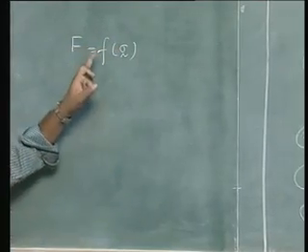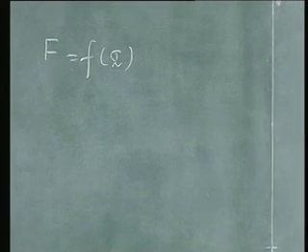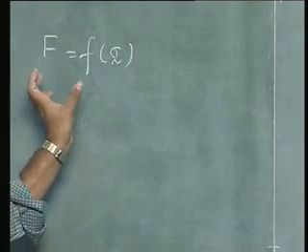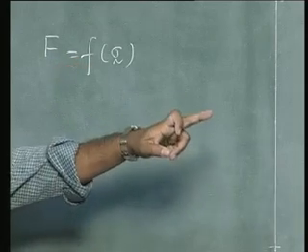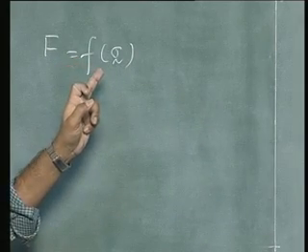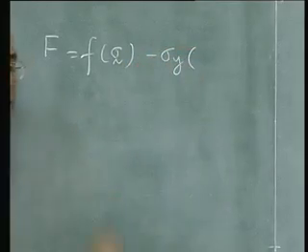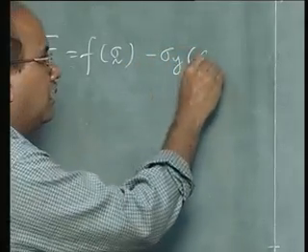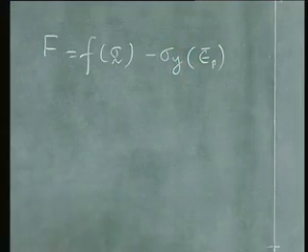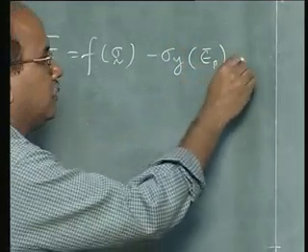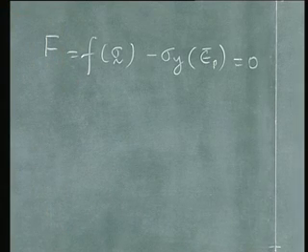When I put an underscore or squiggle here, it means that it's a tensor, and it has one term which is the stress term, which is nothing but my J2 term, minus sigma y. We will see what this epsilon bar is in a minute. Epsilon bar P is equal to 0. A simple way of writing a Mises yield criteria.